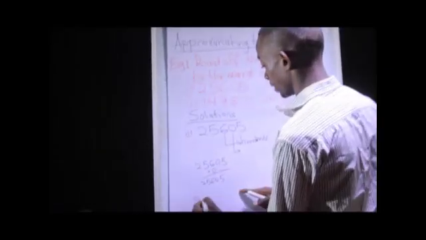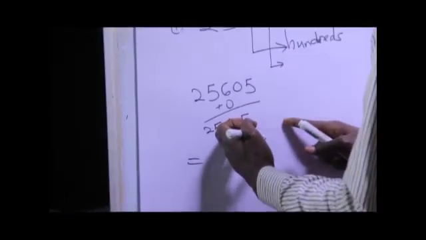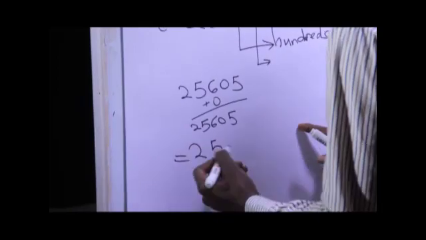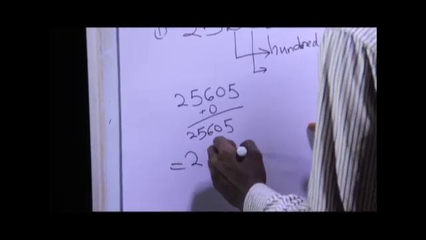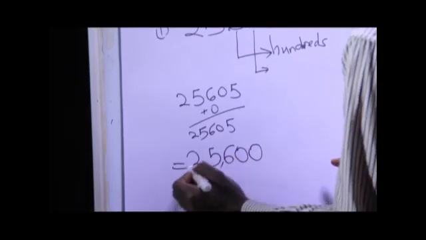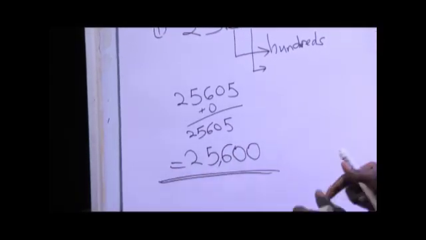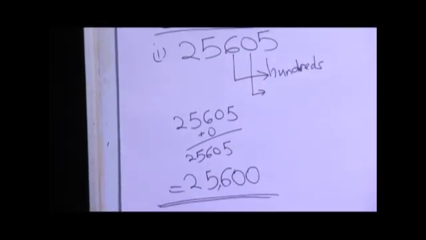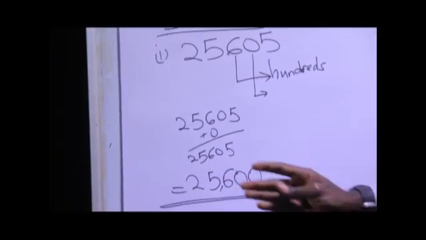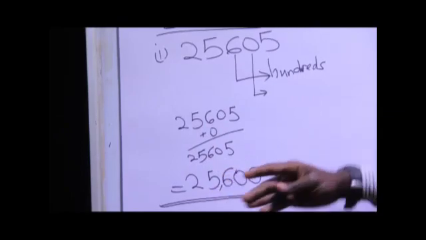So meaning, in this case, when I replace all the numbers to the right of 6 with a 0, I'm going to have this 6, 0. I also replace 5 with a 0. So, that happens to be my final answer, 25,600. That is how we round off to the nearest hundreds.